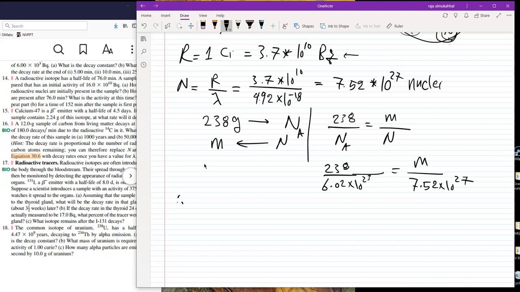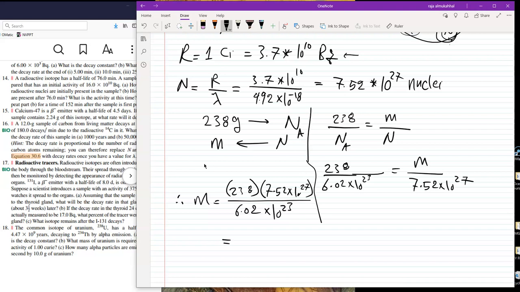So therefore, the mass, cross multiply, right? It's going to be 238 times 7.52 times 10 to the 27 over Avogadro's number. You see what I'm saying? Then let's calculate that: 238 times 7.52 E27 divided by 6.02 E23.